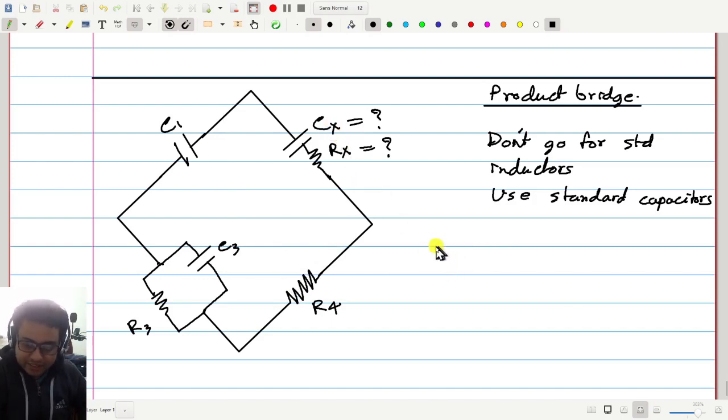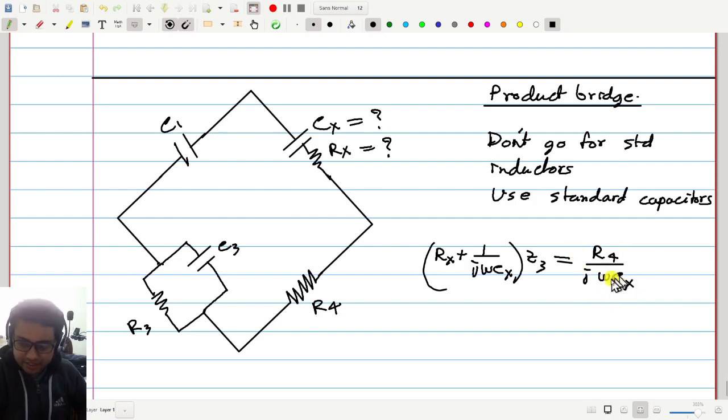So Cx, Rx, this impedance, let me write Rx plus 1 by j omega Cx, then this multiplied by Z3, will be equal to the product of these two, R4 by j omega C1. You can write the j above or below, it doesn't matter; maybe I write it above, minus j, for ease of visualization.